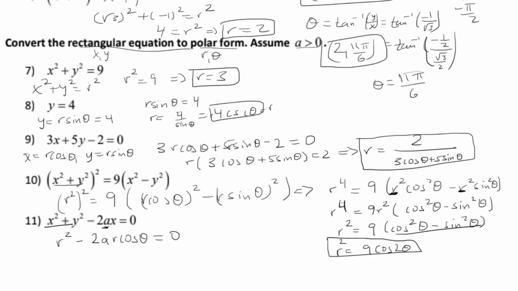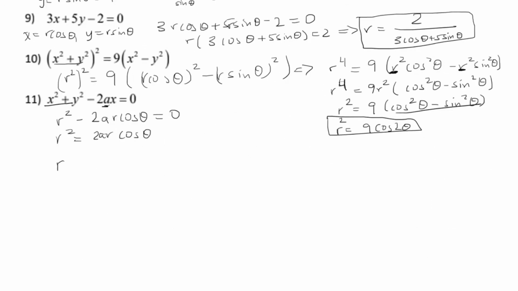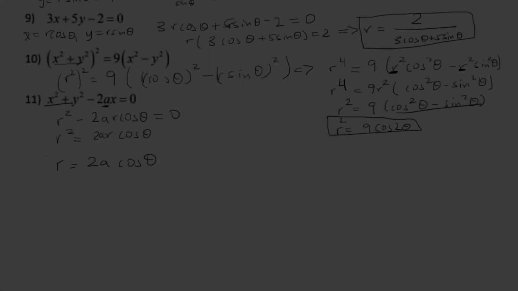I can move the 2ar cosine theta to the other side. Again, we're going to assume r is not 0, because otherwise you get nothing. So let's divide by r. We have r equals 2a cosine theta. Yeah, so this is the right answer.